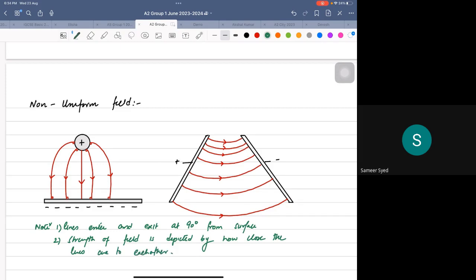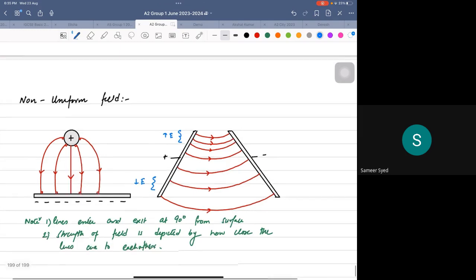So naturally, in this part, you will have higher electric field strength. Here, you will have lower strength compared to the upper portion, because it's closer like that. I hope that's clear.